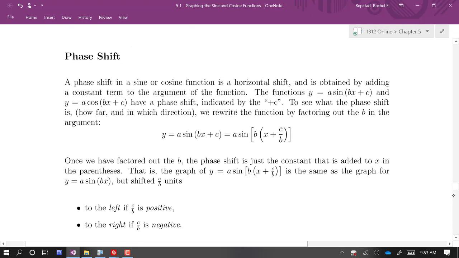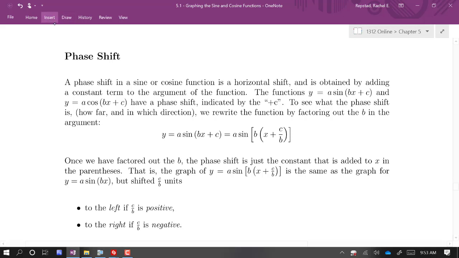All right, the last thing that we're going to look at when it comes to graphing sine and cosine is a phase shift. A phase shift is a horizontal shift. When we are working specifically with periodic functions, we call it a phase shift and not a horizontal shift. Any function could be shifted horizontally. When it's a periodic function, we say it's a phase shift.